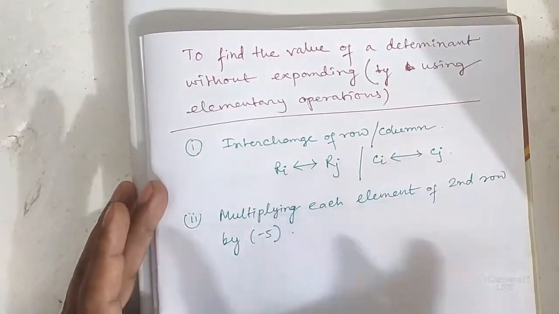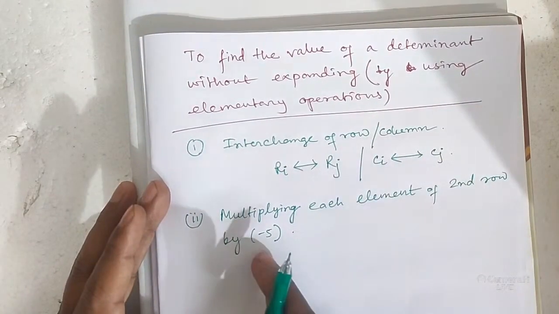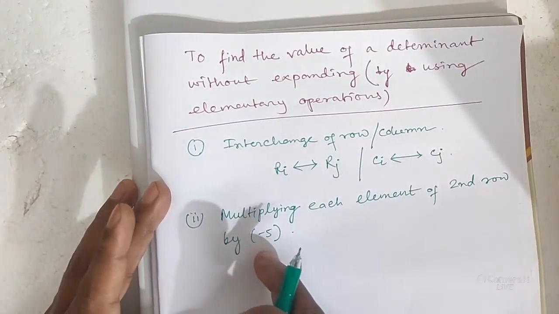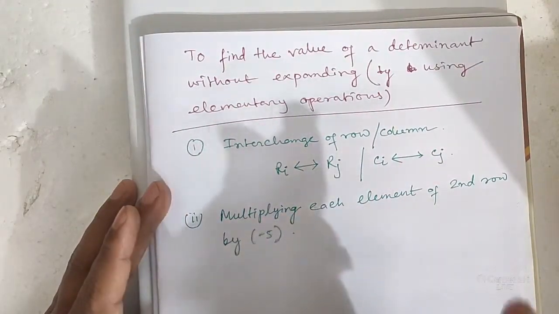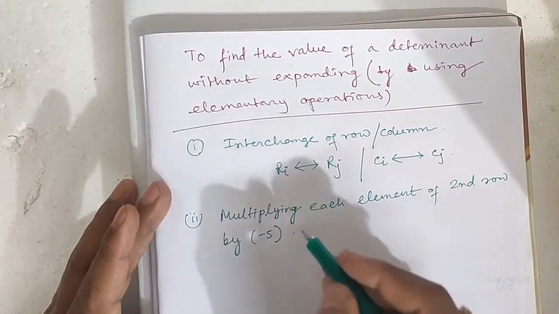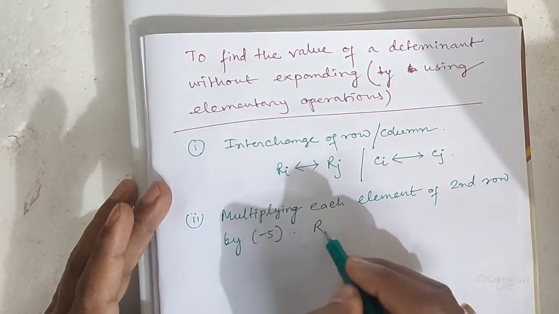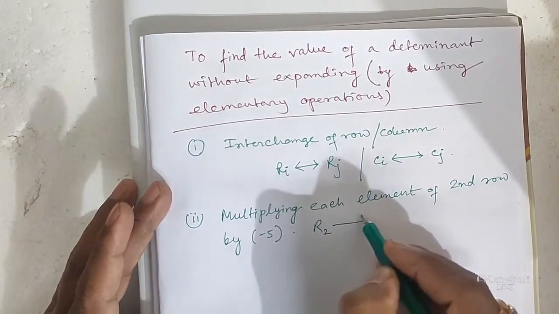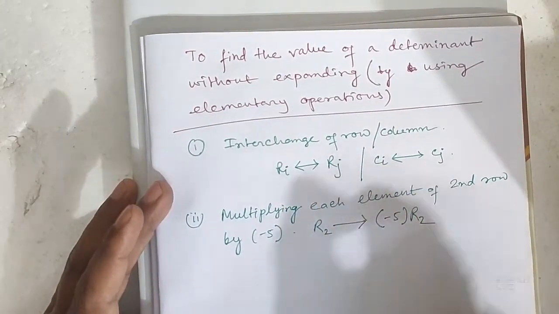I am just giving one example. You can choose the third row also, you can choose -7 also, or +3 also, according to the given determinant you have to choose the value. So how to write this operation? R2 is changing like this: R2 becomes -5 times R2.